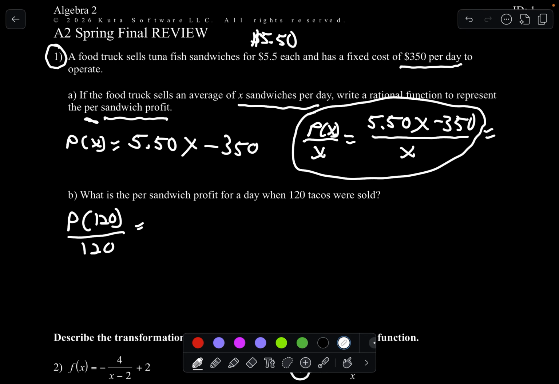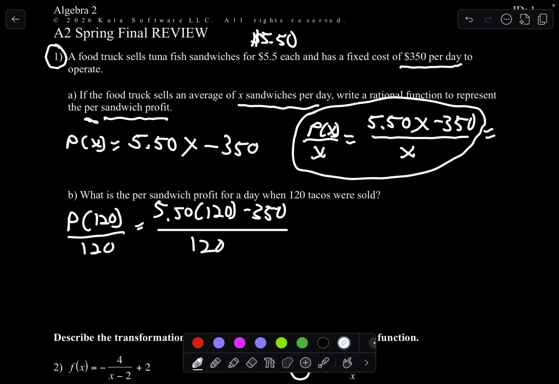So you just use your calculator: 5.50 times 120 minus 350, divided by 120. I'm going to use a hidden calculator, Desmos, on my computer so that I don't have to worry about it too much.